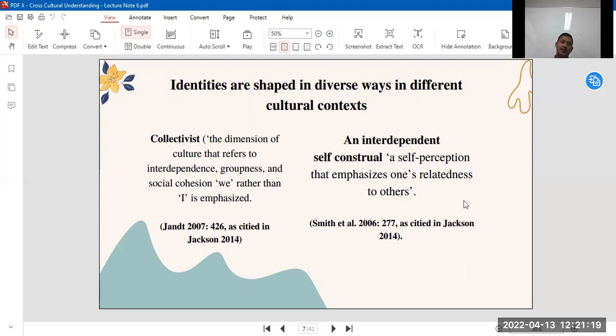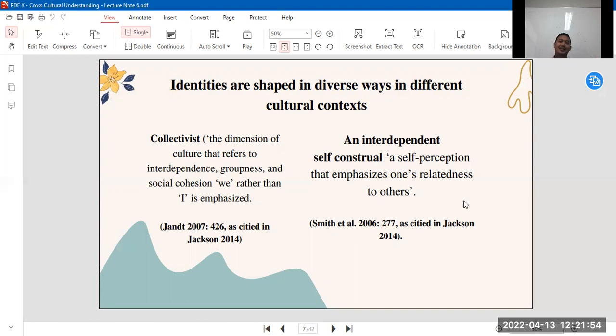Although the process of identity may differ among and within cultures, all of us develop a sense of who we are and how we fit in society, right? Through interactions, through messages we receive from other people, from the world around us, we formed our different perspectives, different characteristics.